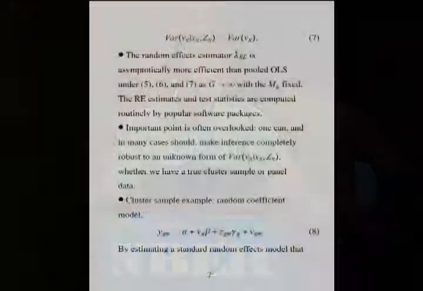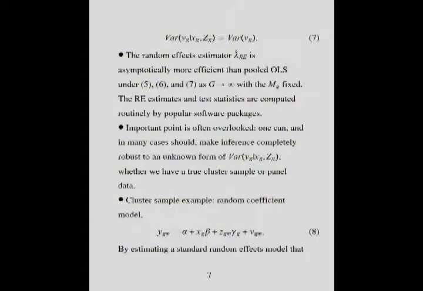If that's not true, well, there it is right there, equation 7. Even if we relaxed the random effects structure and did an unrestricted GLS analysis, say in a panel data case, you still are assuming 7 if you're using the usual inference.